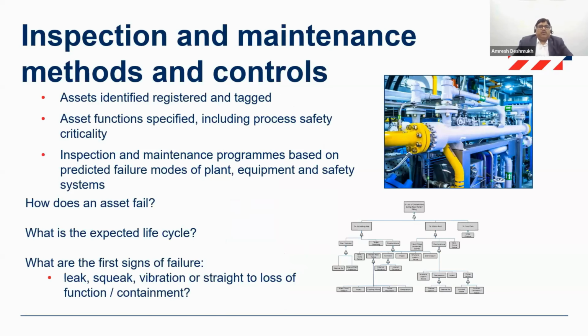Okay, now coming back to the inspection and maintenance methods and controls that we can adapt. Now, as you see here, as an outcome of the initial critical equipment management program, you have already identified all the assets. You have an asset register and you have tagged them appropriately in the field.